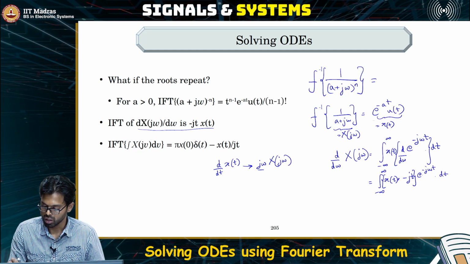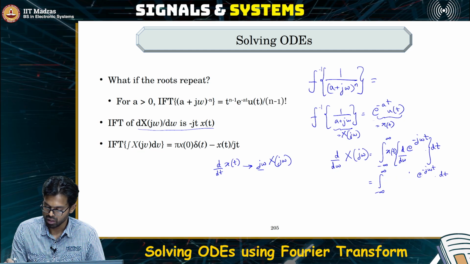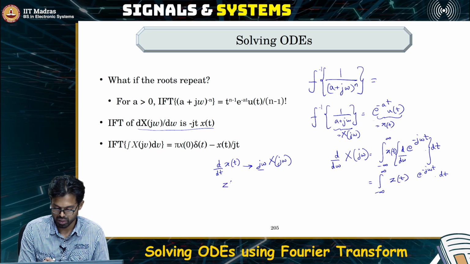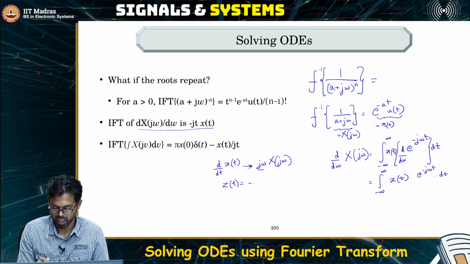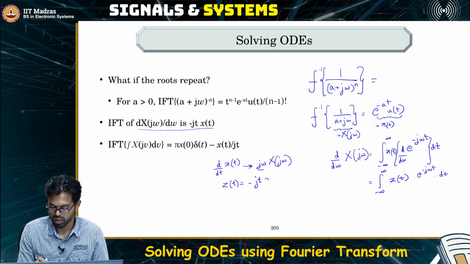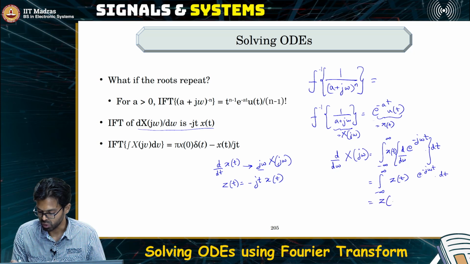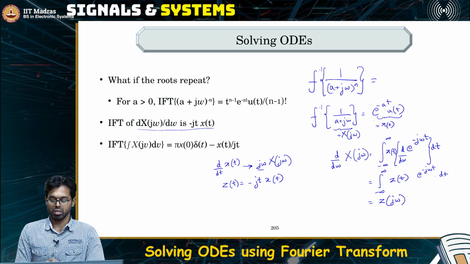So you can say that now we will compute the Fourier transform of z of t, where z of t is equal to minus jt times x of t. So this is the Fourier transform of this term.